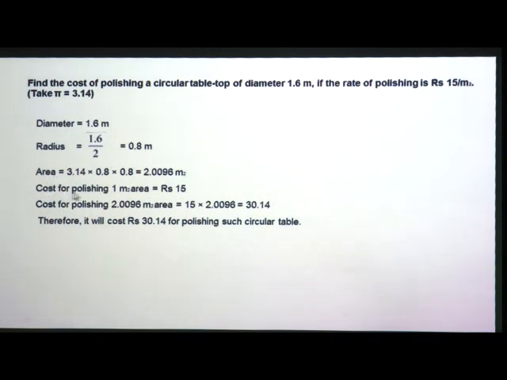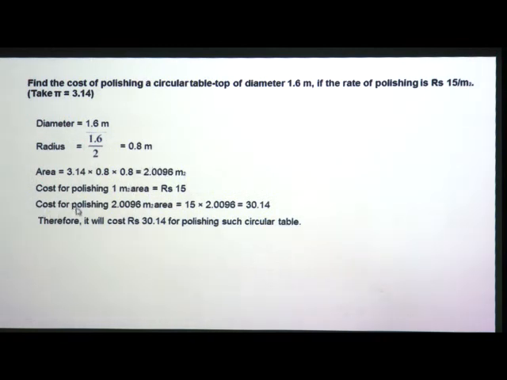Now, the cost of polishing 1 meter square area is rupees 15, which is given in the question. To polish 1 meter square area, the cost is rupees 15. Now, we have to find the cost of the given area when we get it polished.